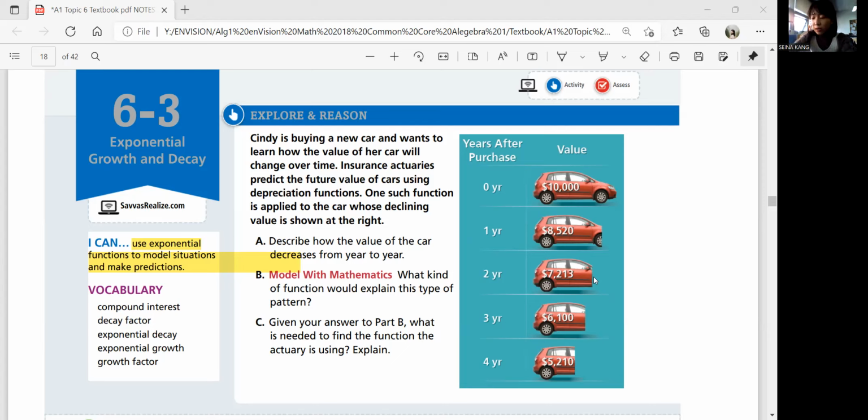And that's $1,480 of decrease. And that's approximately how much percent from the original? About 15% decrease, okay?